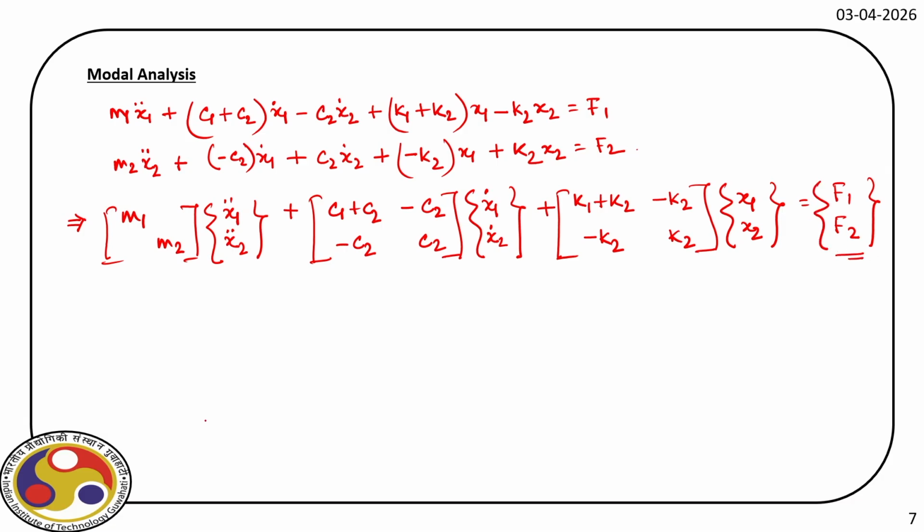Right. So symbolically we write M X double dot plus C X dot plus K x is equal to F.